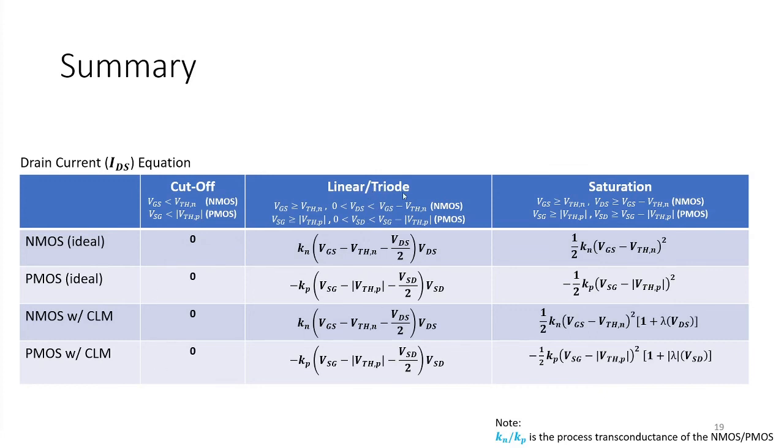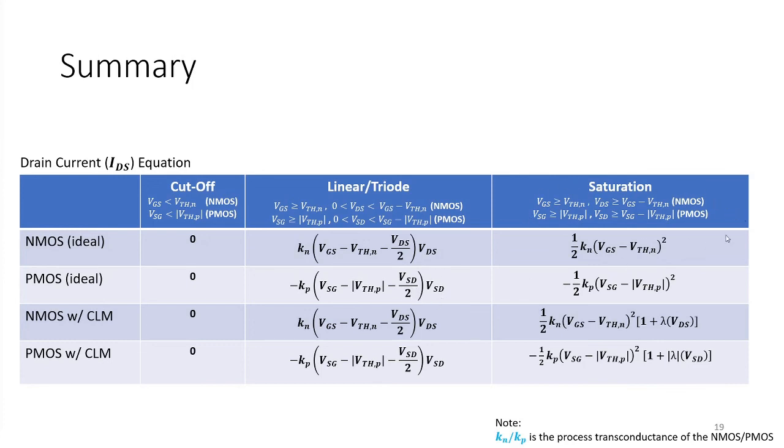In the linear triode region, VDS or VSD is less than the saturation voltage, and they have these equations. As you can see, in the linear region, the current is dependent on the value of VDS or VSD for the PMOS.